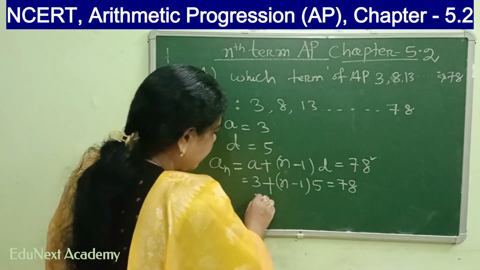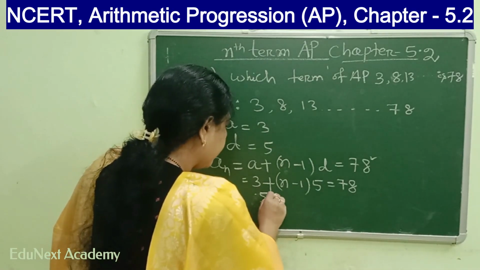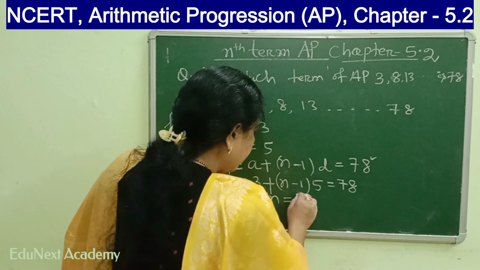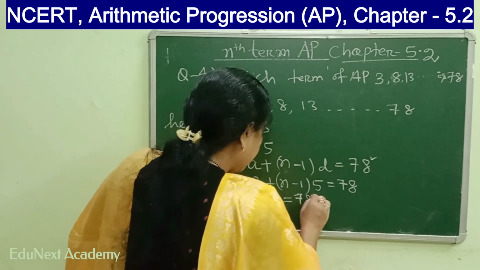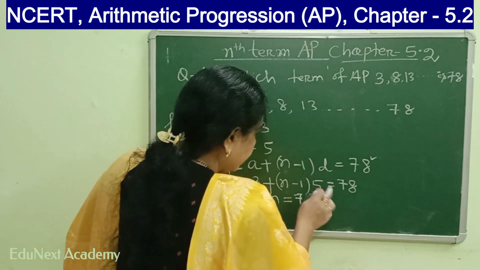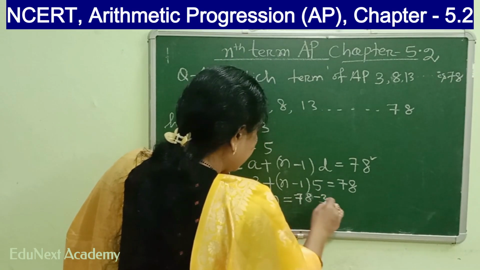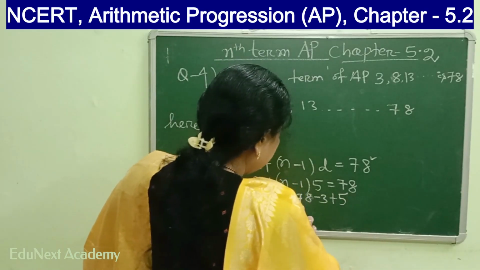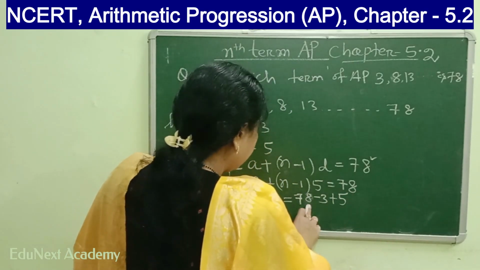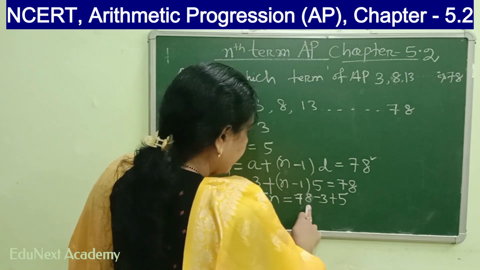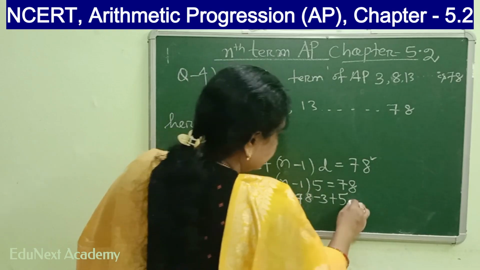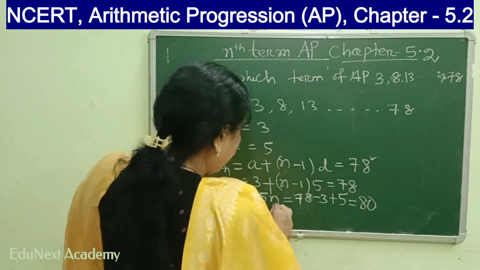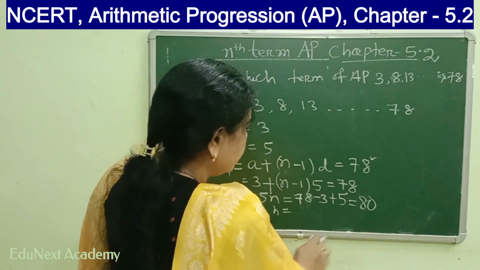So after solving, 5n will be equal to 78, that is 75. 78 minus 3 and plus 5, that is 80. Sorry, if you take it here, you will get 75. 75 minus 5 plus 5, that is 80. So n is equal to, is it 75?